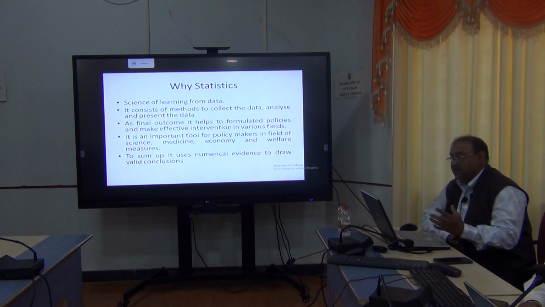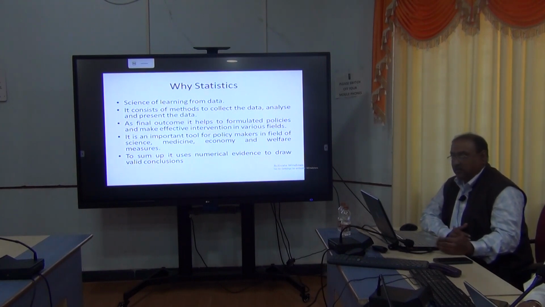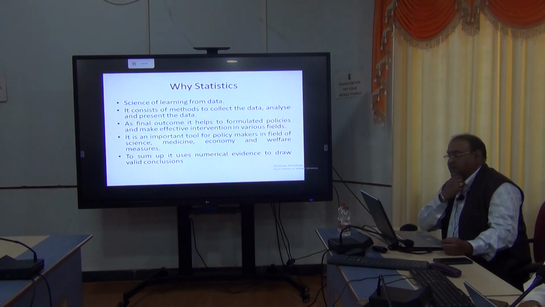Those numbers also have to be presented in a manner that conveys the message we intended to communicate to different stakeholders in the research community. The final outcome of any such exercise is to formulate policies and make effective interventions in various fields.